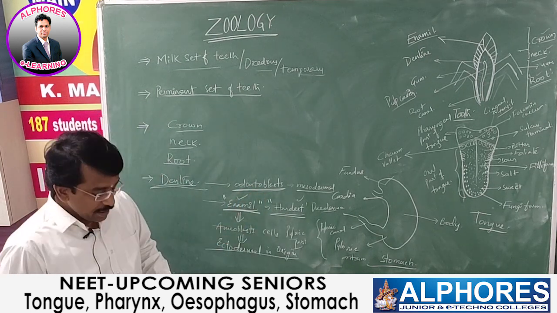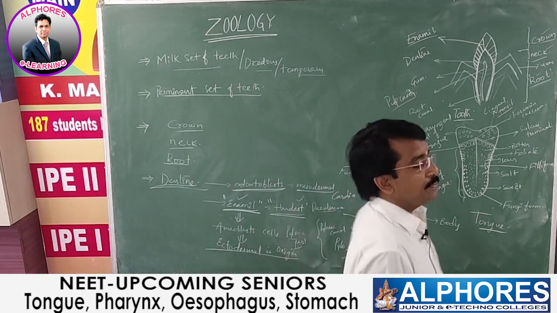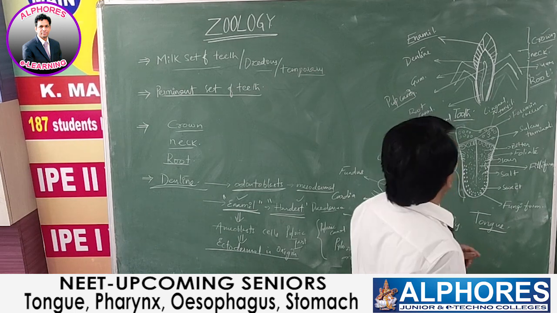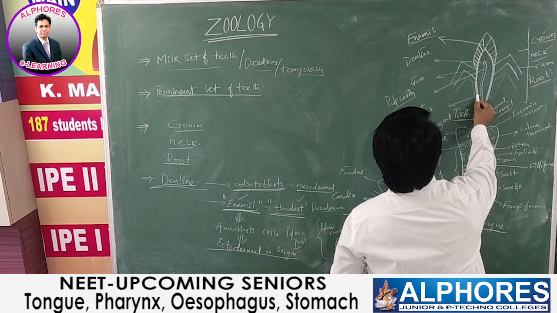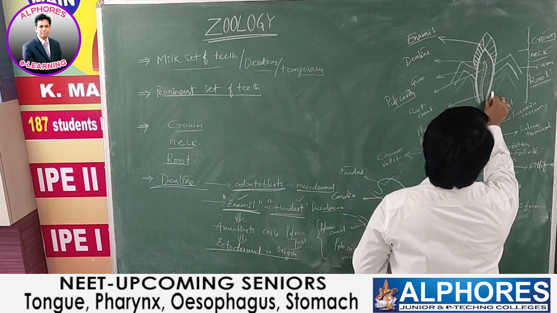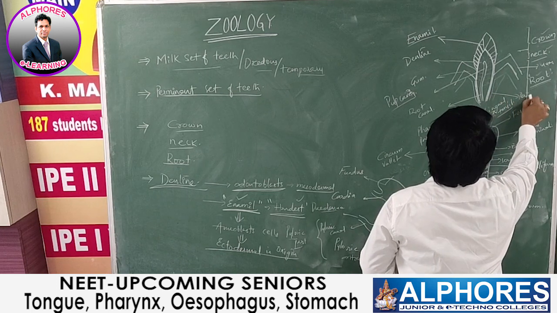And the cement is produced from cementocytes. Cement is covered by the periodontal membrane. Here we see the periodontal membrane.